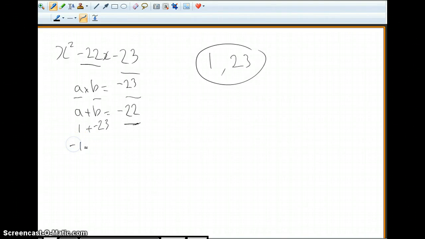If I made the 1 negative, I would wind up with positive 22, which I don't want. I want negative 22. Answer, x minus 23, x plus 1.